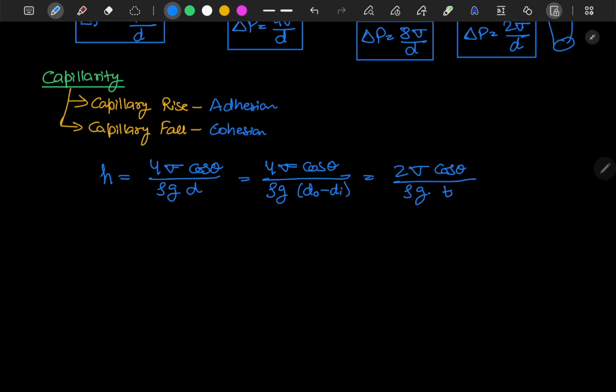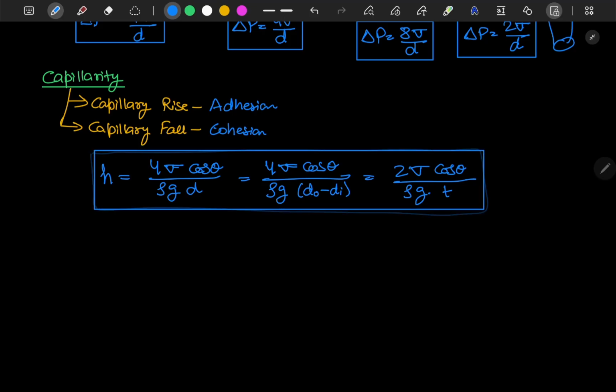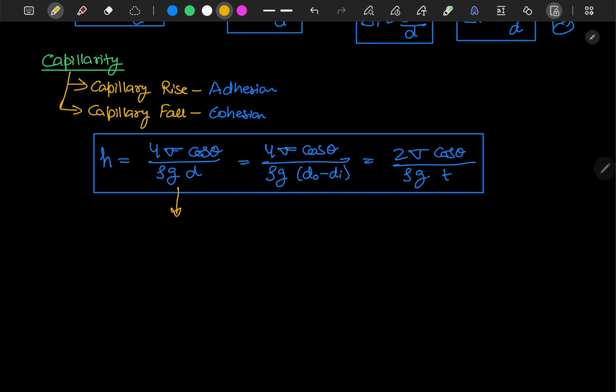These different formulas are used in different conditions. Let me mention them here. This particular formula is used in case of a tube of dia d. This one for annular tube. This one for parallel plates.